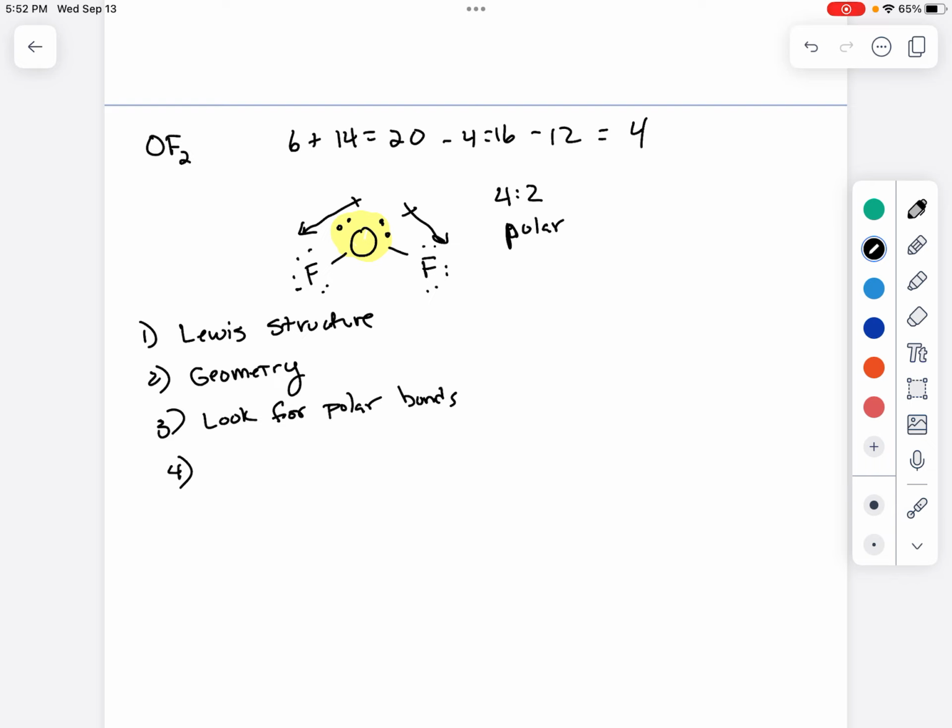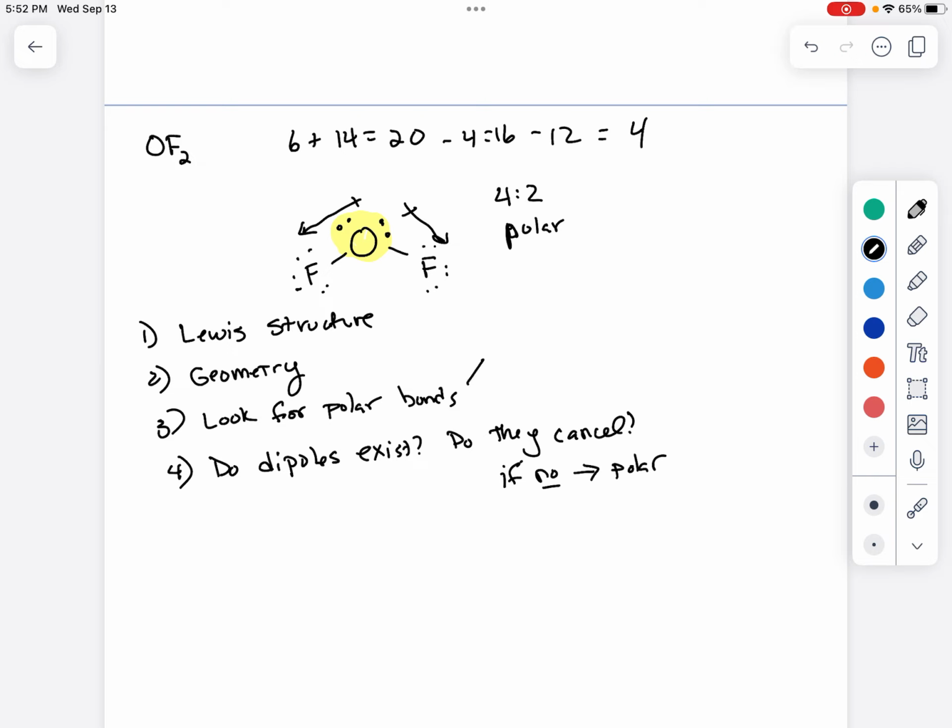And then you determine, do dipoles exist? And if so, do they cancel? If they don't cancel, then it's polar.